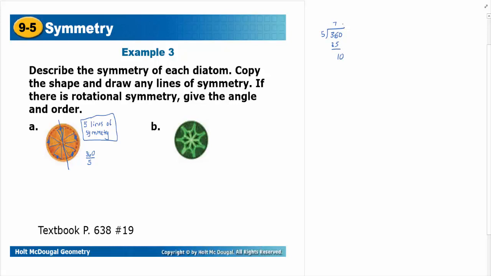Pull down my 0, and that would be 2. So this is going to be 72 degrees. So it's a 72 degree rotational symmetry. And the order in this case would be 5. It's the number we divided by. I know my writing's ugly. I get it. Okay, here, order. That's what I was supposed to write.